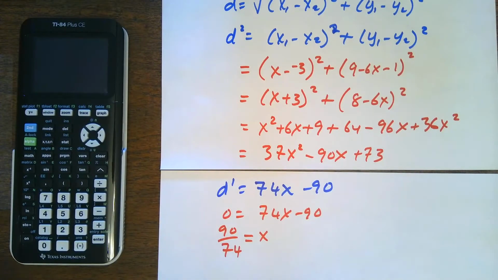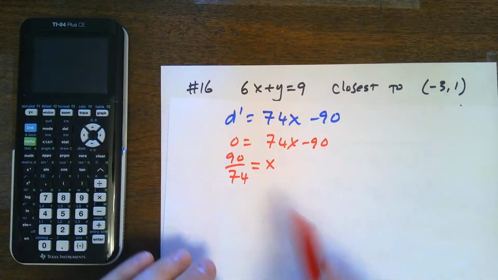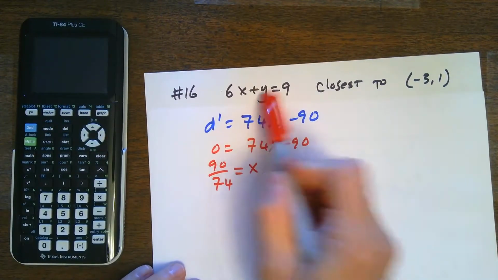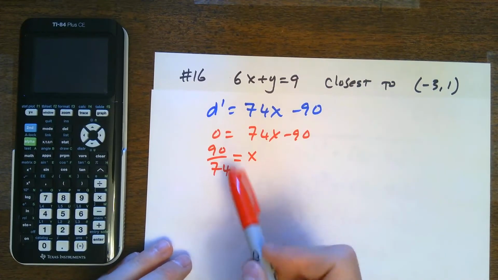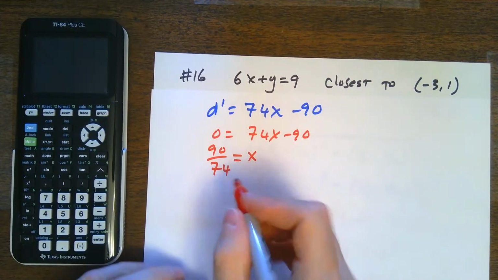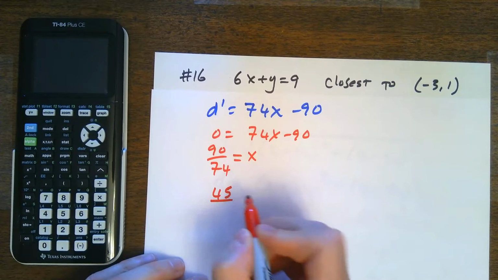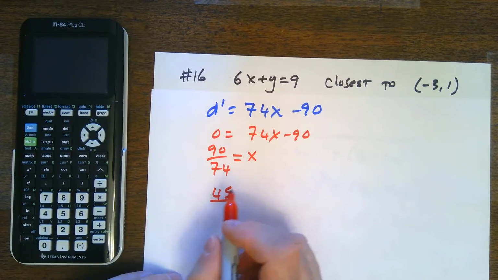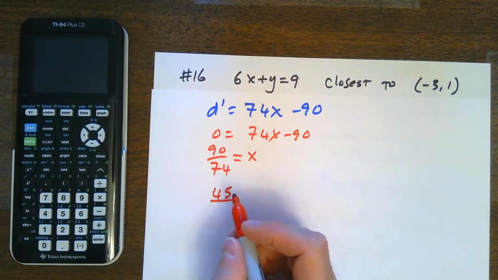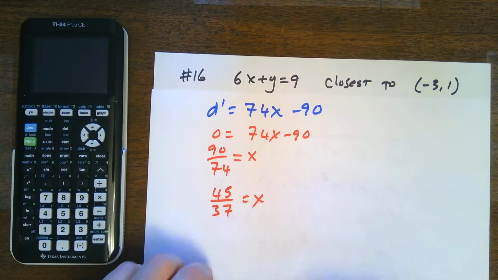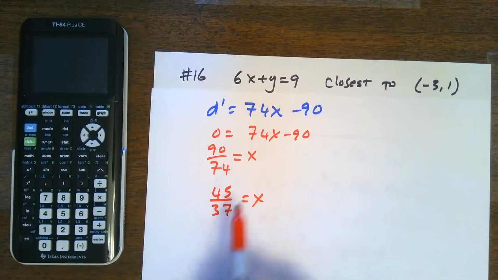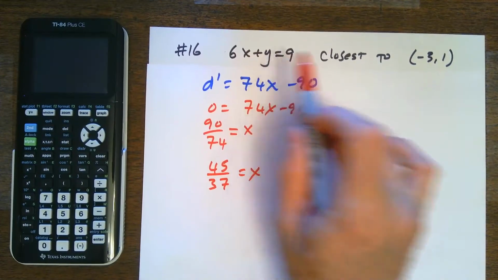Well, that represents the x value that's on this curve that is closest to that point. I can simplify that too, can't I? 2 goes into both of those. 45 over half of 74, which is 37. So there's my x value, the x value on that curve that's closest to that point.